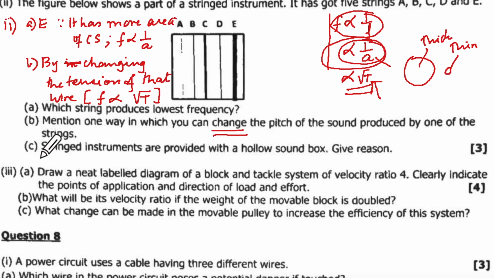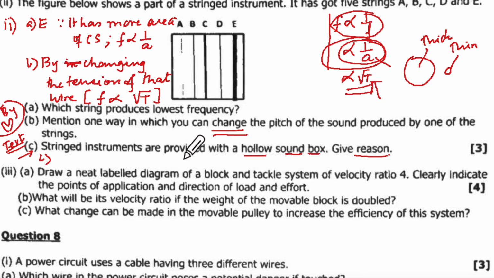Okay, we come to the C part. The stringed instruments are provided with a hollow sound box. Give reason. Here you are going to consult the text and learn it by heart, and then write it.